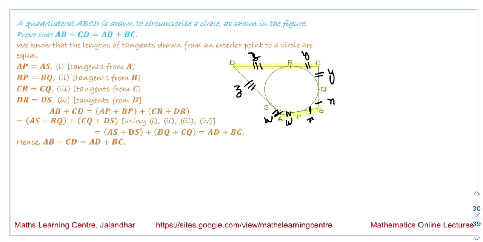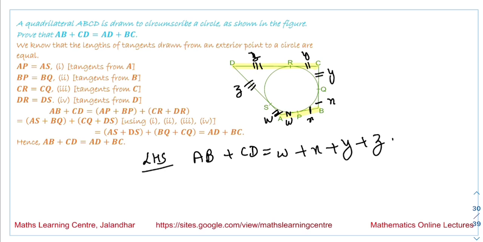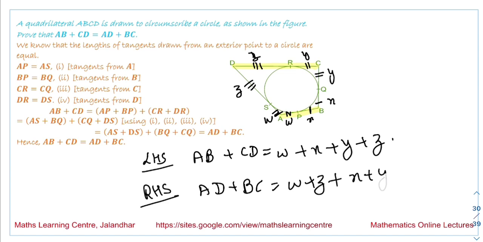So what we have to prove, if we consider the LHS, it is AB plus CD. What is this length? AB plus CD is w plus x plus y plus z. If we consider the RHS part, it is AD plus BC. AD is w plus z, and BC is x plus y. And from this equation we can see that LHS is equal to RHS.